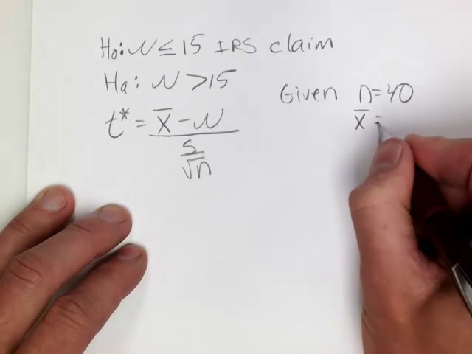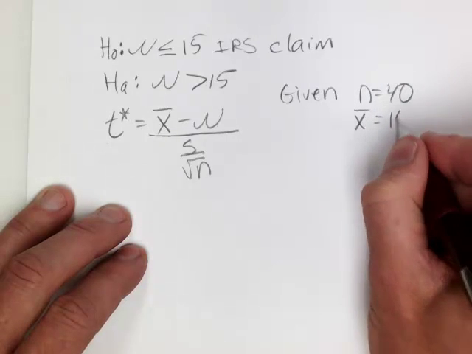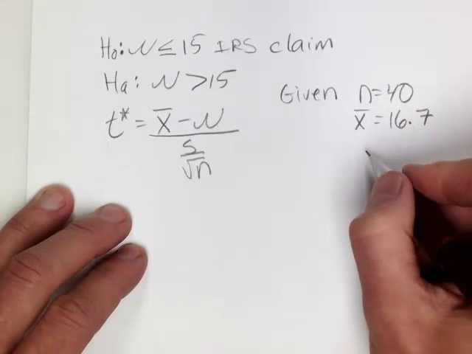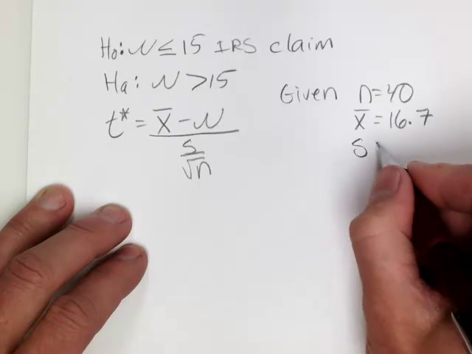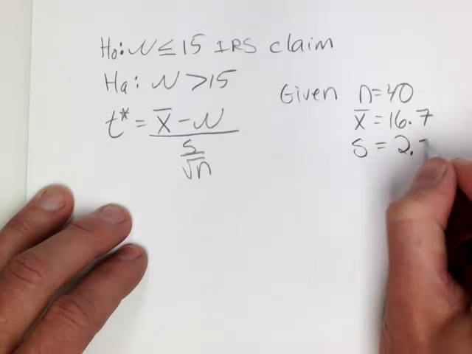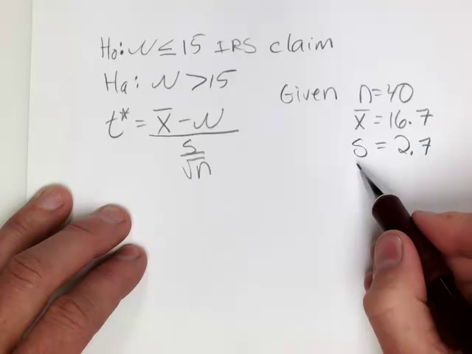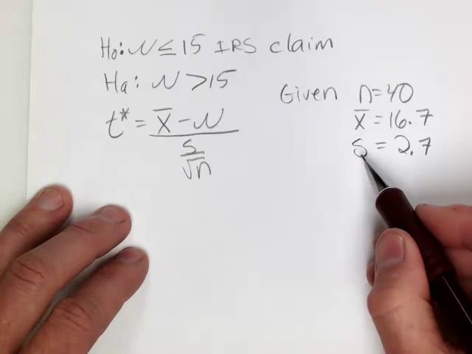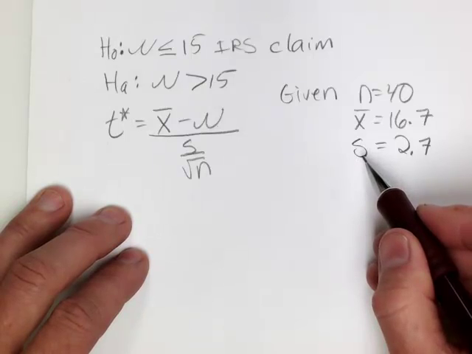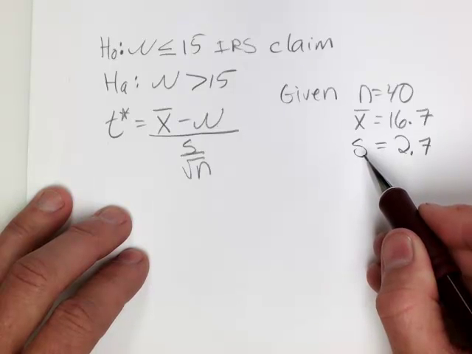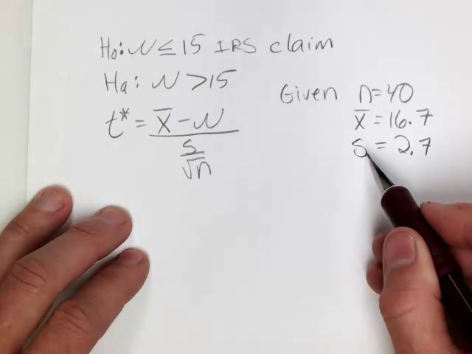Our sample mean from that 40 was 16.7 minutes, and a standard deviation of 2.7. I'm using the notation s because this is based on a sample. It says in the problem a random sample of 40 callers has a mean time of 16.7 and a standard deviation of 2.7.